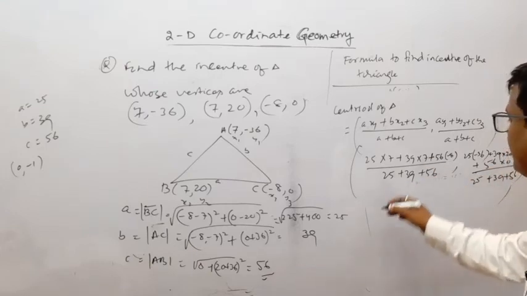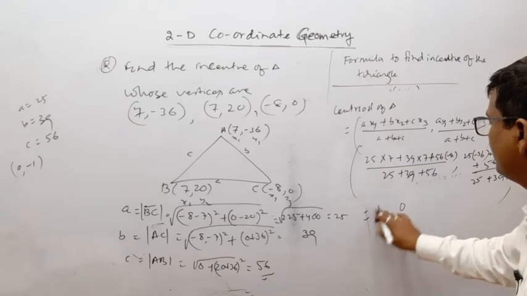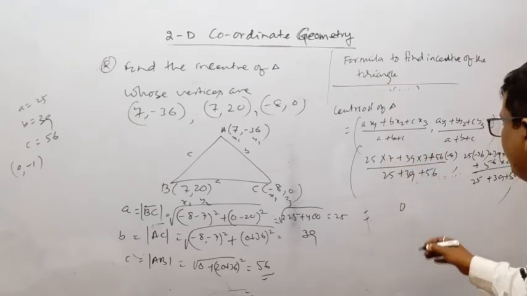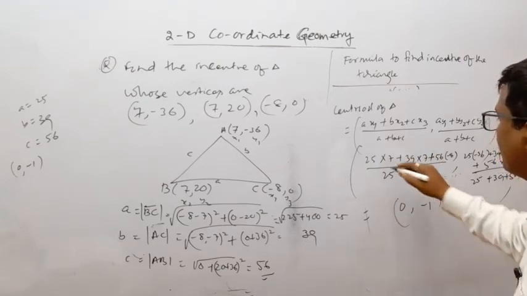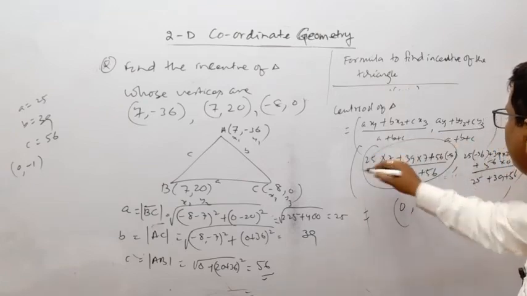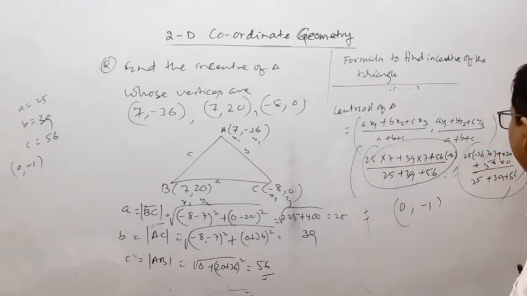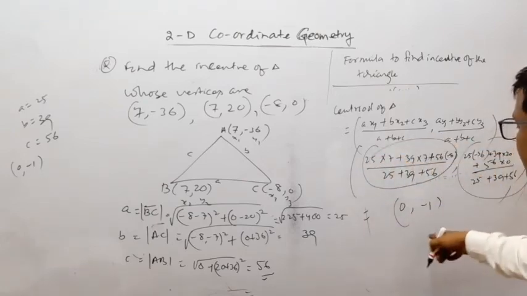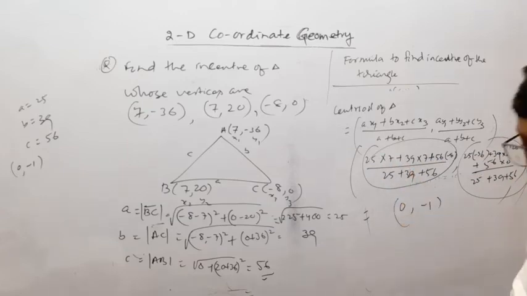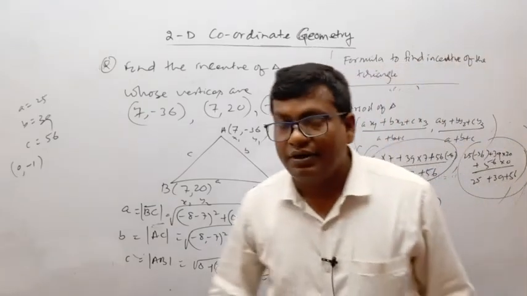Calculate this: it is equal to 0, and this one is -1. So this is -1 and this is 0. This is the incenter.